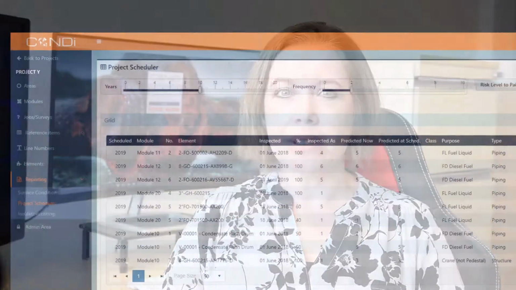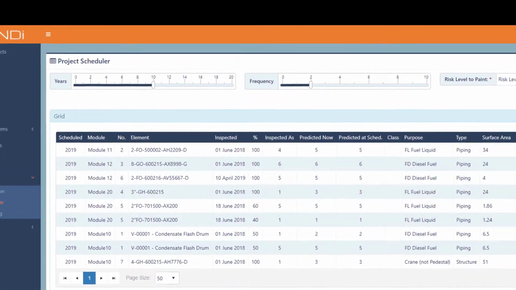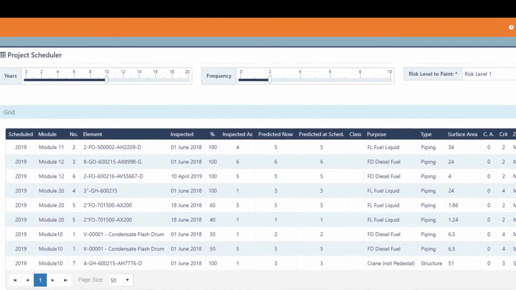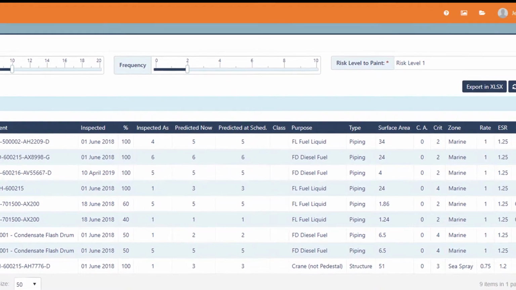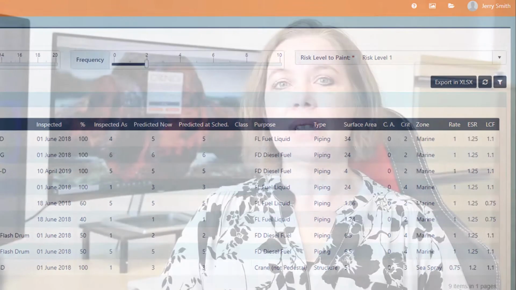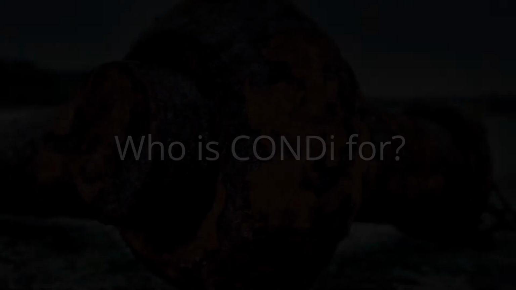So CONDi stores the components and the specifications for all those components, along with any fabric maintenance, inspection data, installation information, drawings, photographs, files, all pulled together to create a rich picture of the state of the asset, both past, present and future.